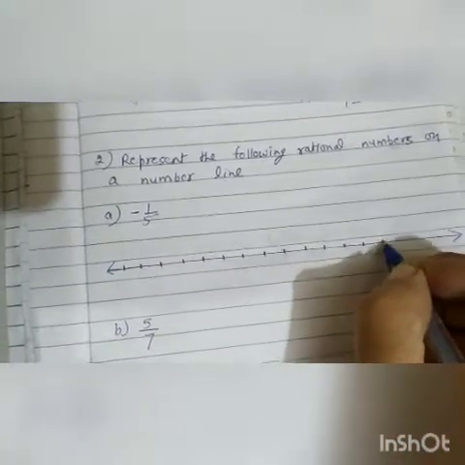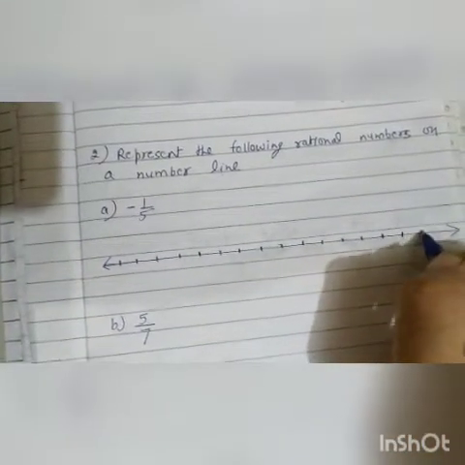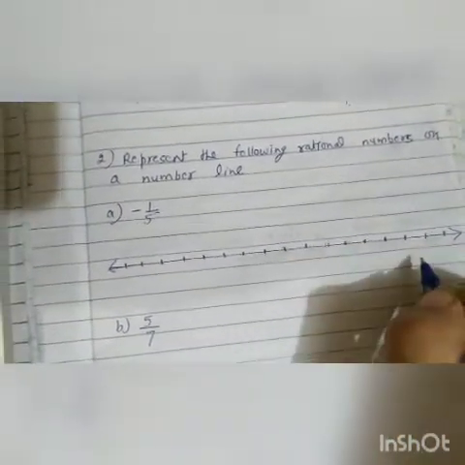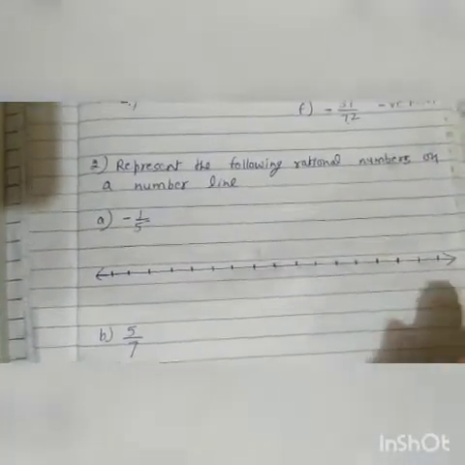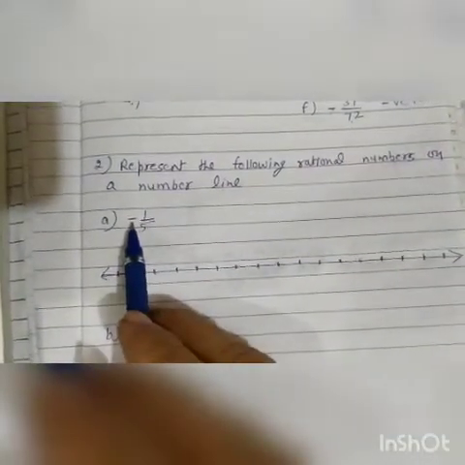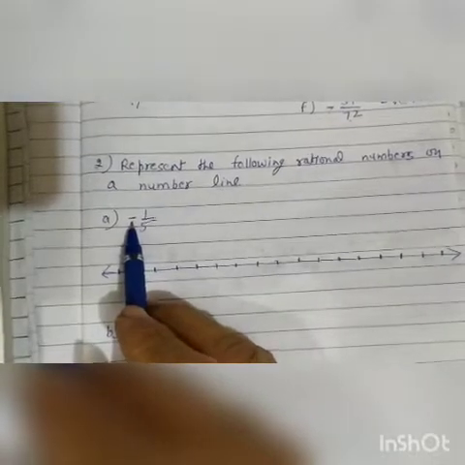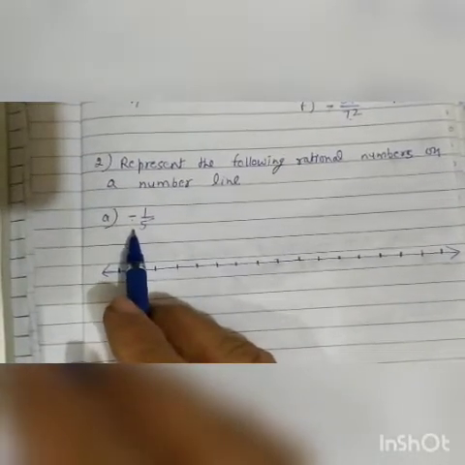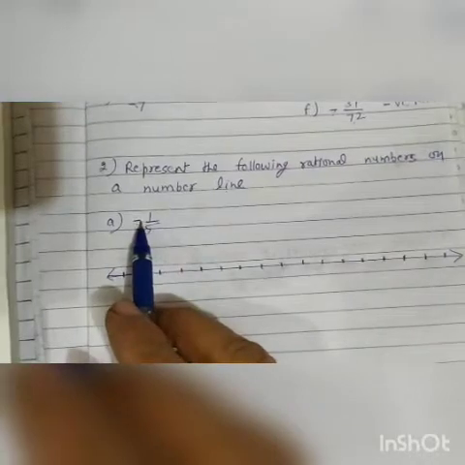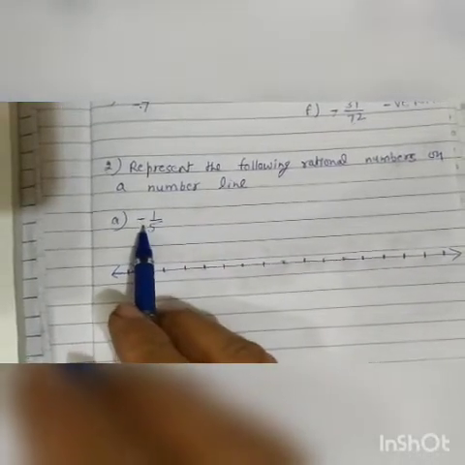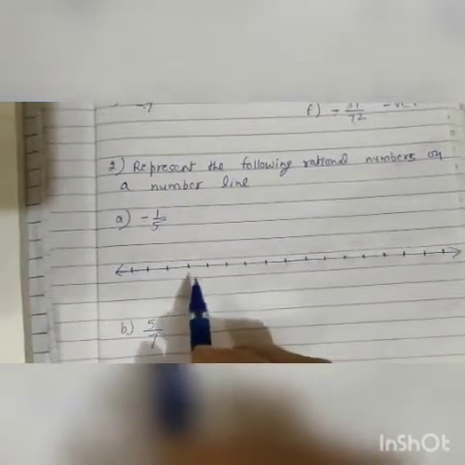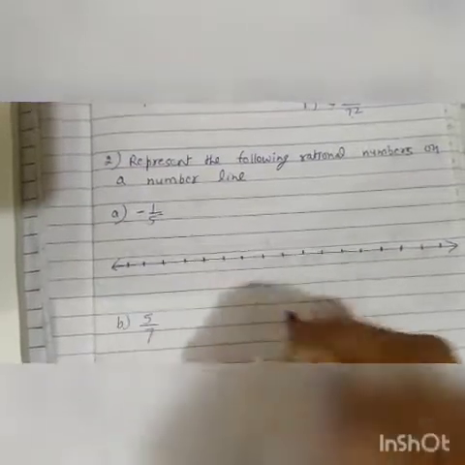Then here we have to show a negative rational number, and negative rational numbers lie to the left side of 0.